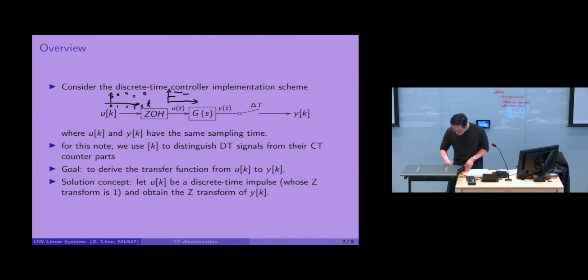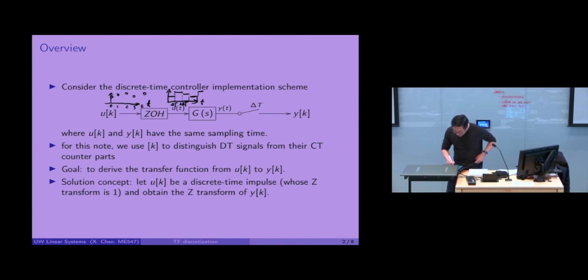So for the signal on the left, it may look something like this after the zero-order hold. This signal now is in continuous time. It has values for all time t, not necessarily time indexes, integer time k equal to 1, 2, 3, etc.